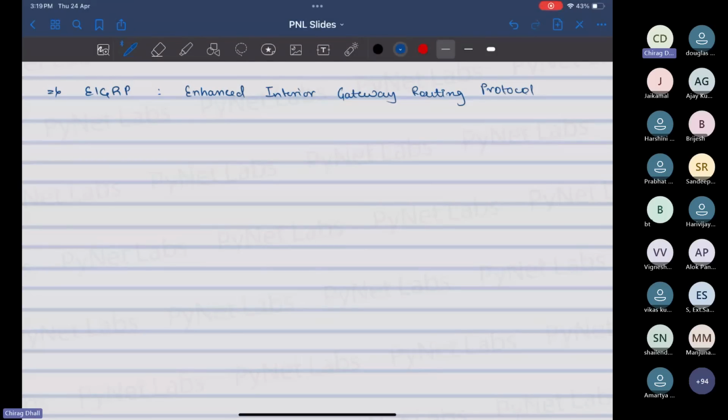EIGRP stands for Enhanced Interior Gateway Routing Protocol. And some of the characteristics of EIGRP are: the very first thing is that it is an advanced distance vector protocol.